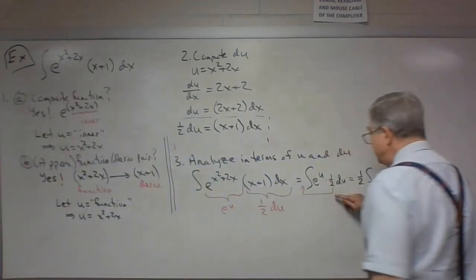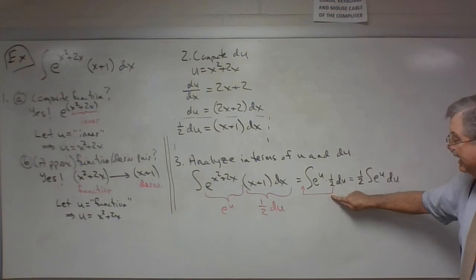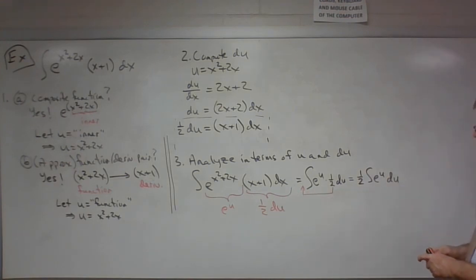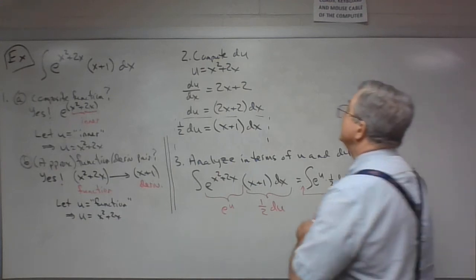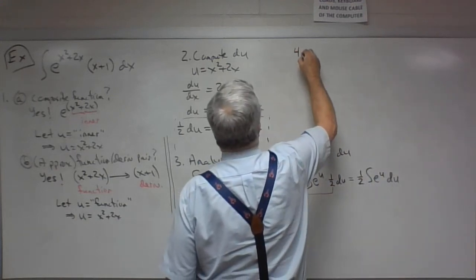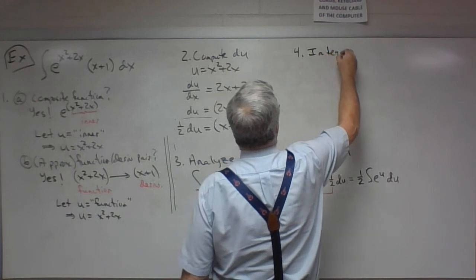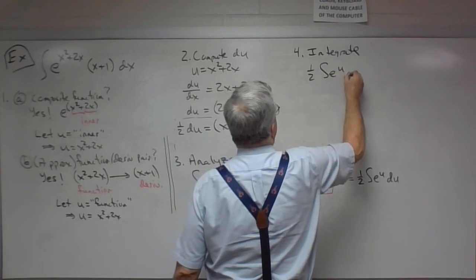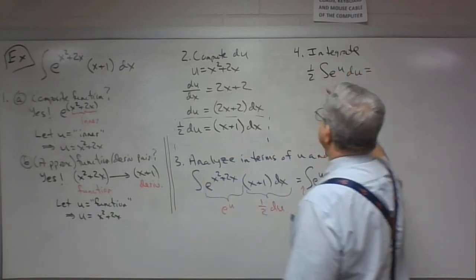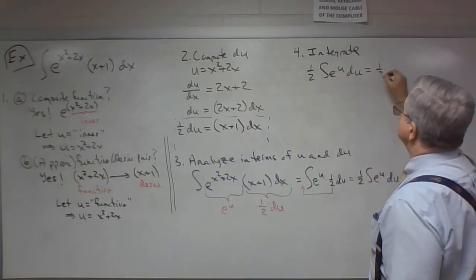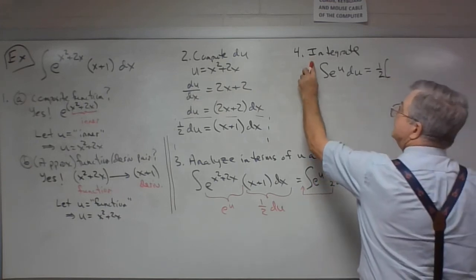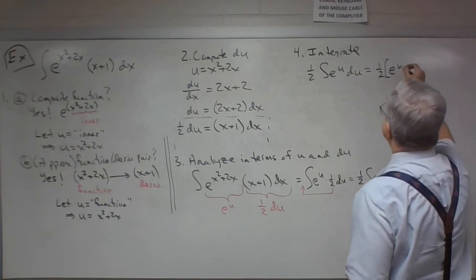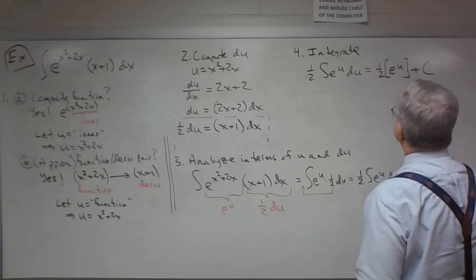Because we can always take that constant that we're off by later on and move it out in front of the integral sign. Now step 4. Integrate. The antiderivative of e to the u du is just e to the u plus c.